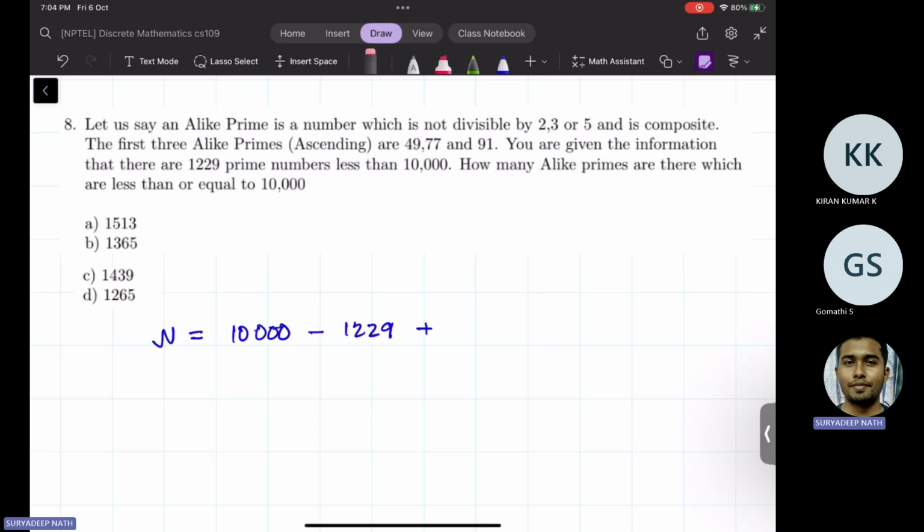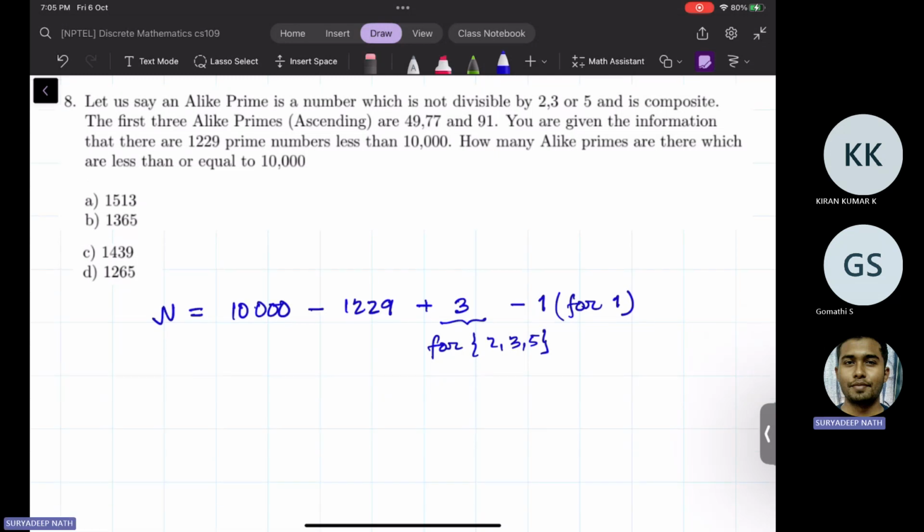So we are adding 3 to this set. We are considering composite numbers and 2, 3, 5, and we are removing 1. So 1 is neither prime nor composite, so we are not interested in 1. We are removing 1 and considering the other composite numbers plus these three prime numbers.